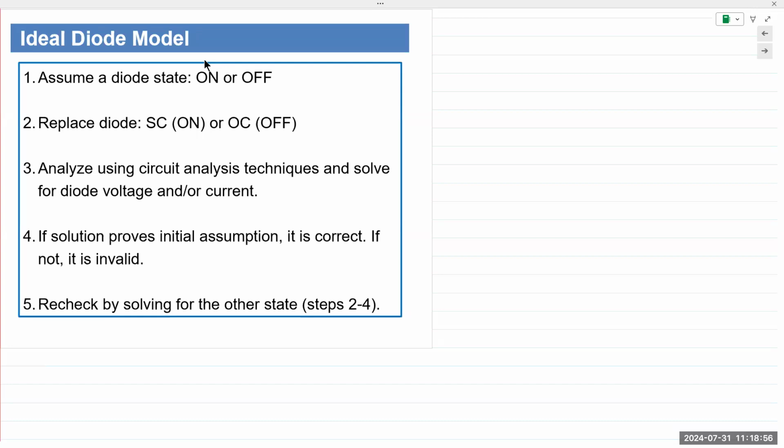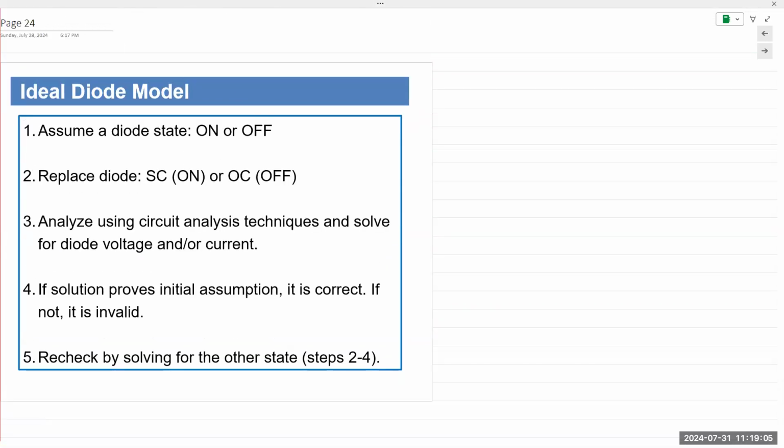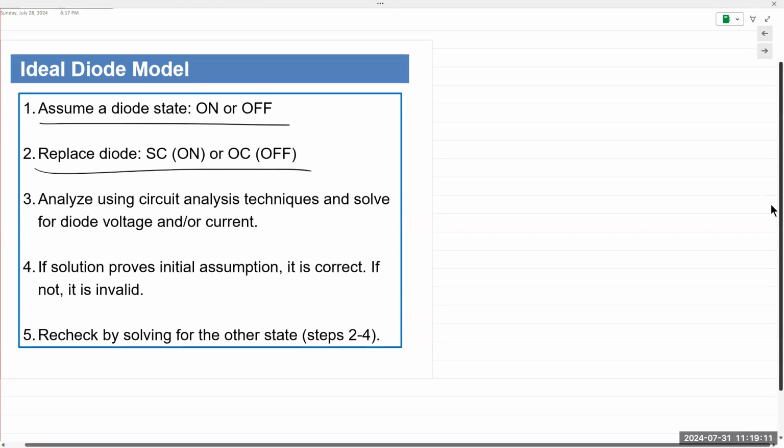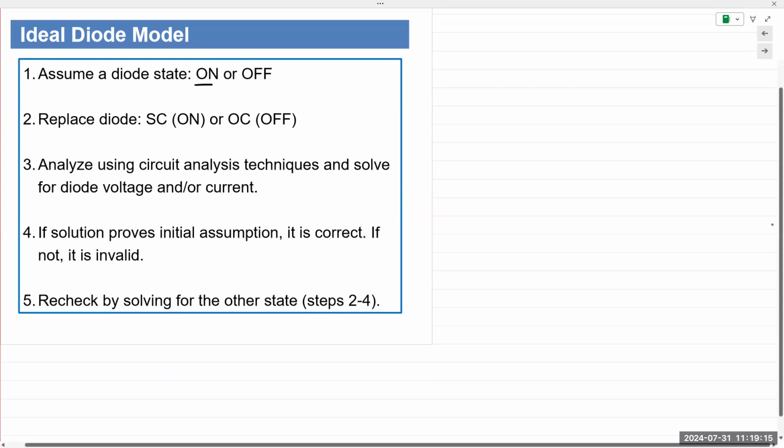You simply assume whether it's on or whether it's off. When it's on, we replace it with a short circuit. When it's off, we replace it with an open circuit. All right. So we assume a diode state, on or off. We make the replacement. And then we redraw the circuit.